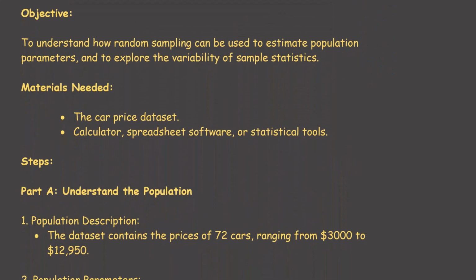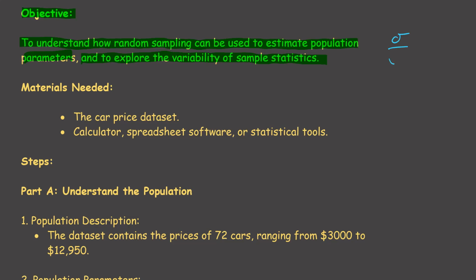So we can do the same sort of thing with this data that we did with earlier pieces. So our objective here is to understand how random sampling can be used to estimate population parameters and to explore the variability of sample statistics. So what we've been doing. So we're going to be looking at things like standard error and so on.